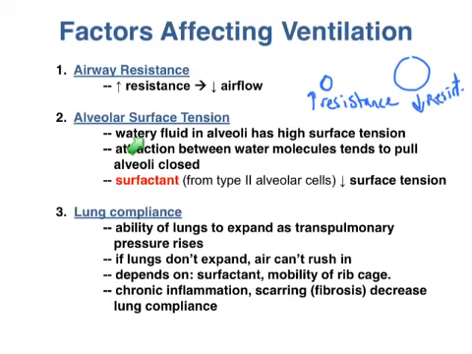This high surface tension of water is why you can get water climbing up a narrow glass tube, and why water striders can walk on the surface of water. There's a lot of attraction between molecules in water; those molecules tend to like to hold on to each other. And that surface tension would tend to pull the alveoli closed.